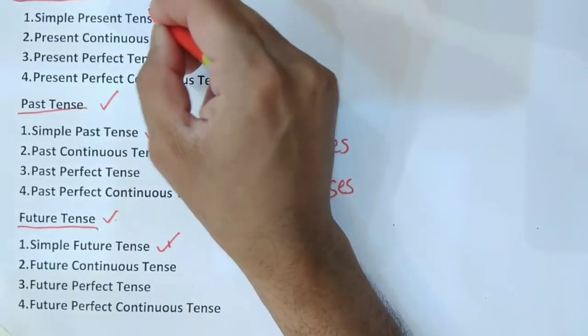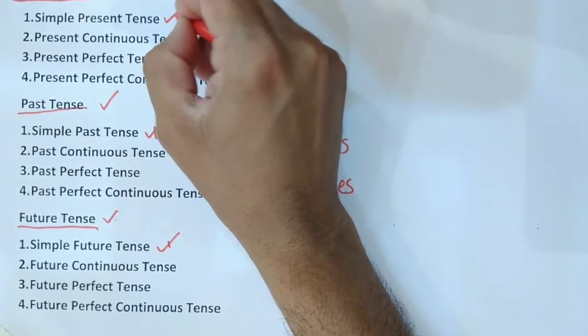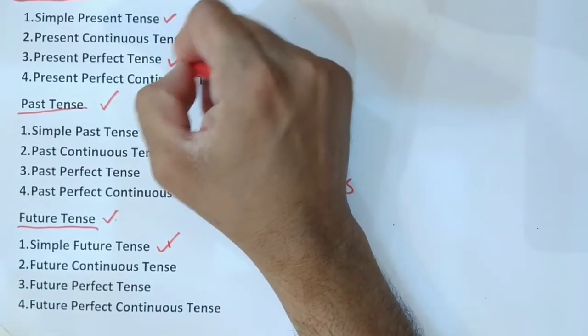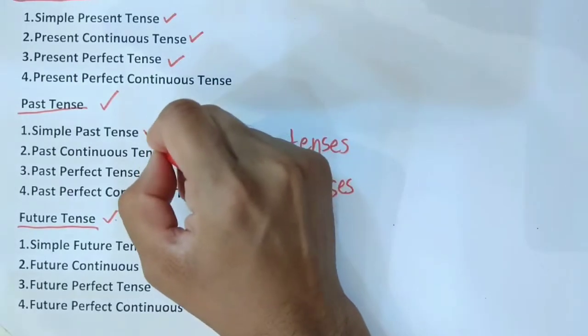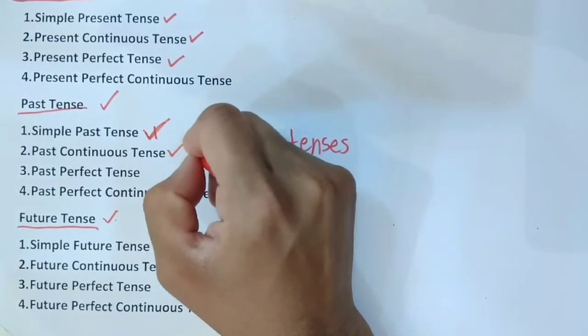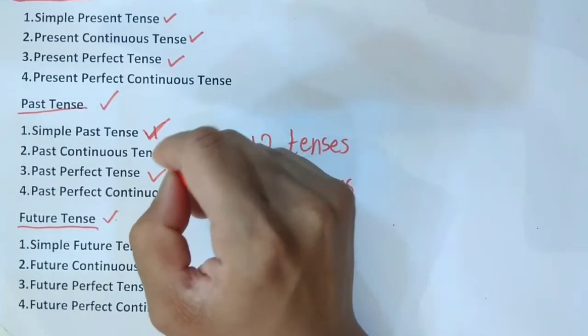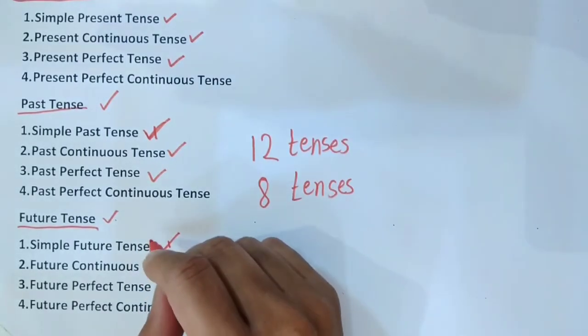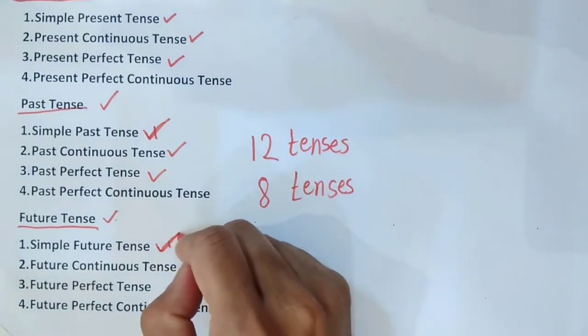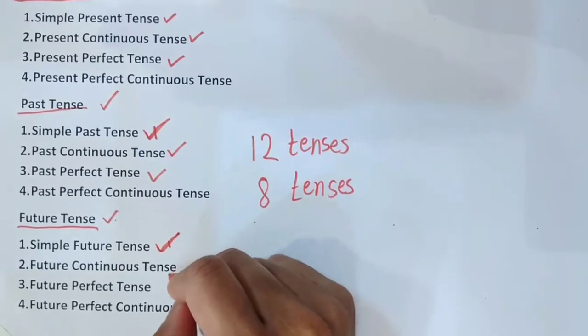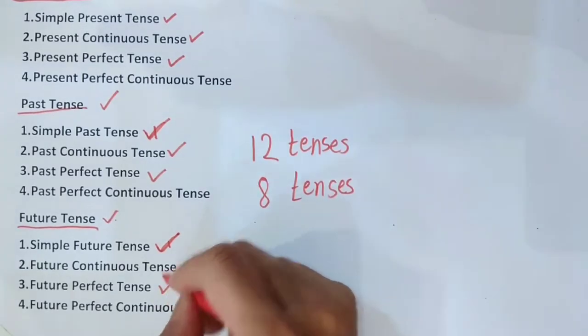From the present tense, the first 3 types. From the past tense, the first 3 types. And in the future tense, the first type, simple future, and the third type, future perfect tense.